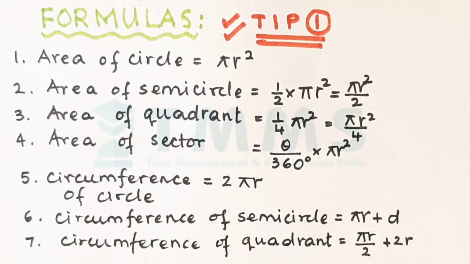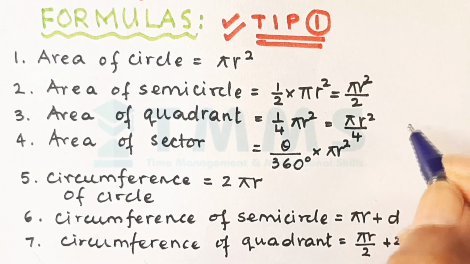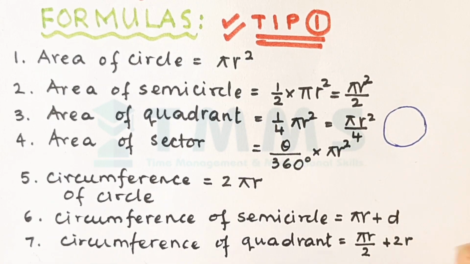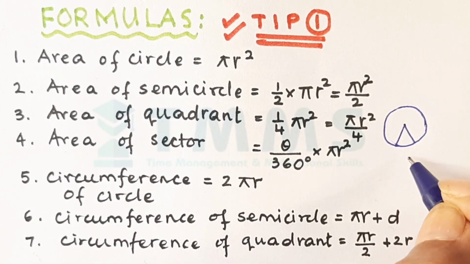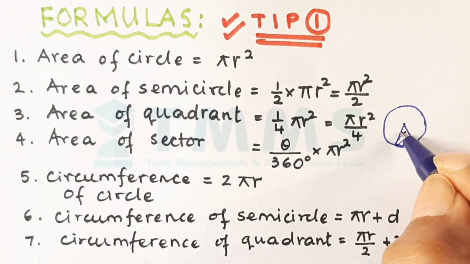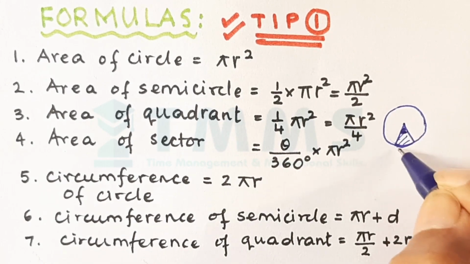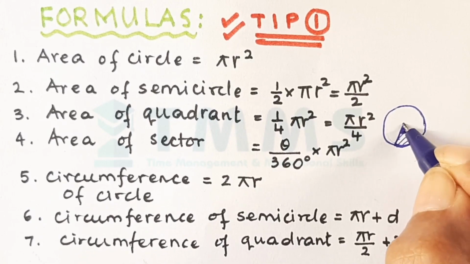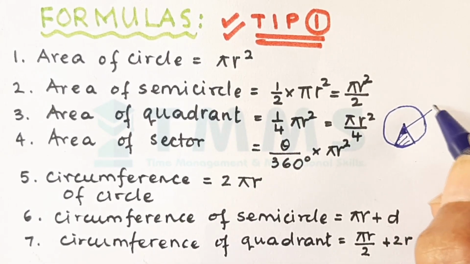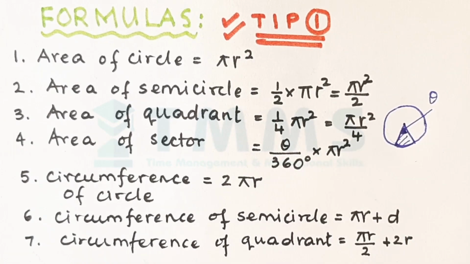Now area of sector. What is a sector? If we have a circle, these are the two radii and this is the arc, this is the sector. Now this is having the two radii from the end points of the arc making an angle of, let us say, theta degrees.